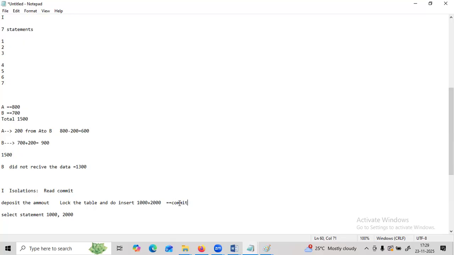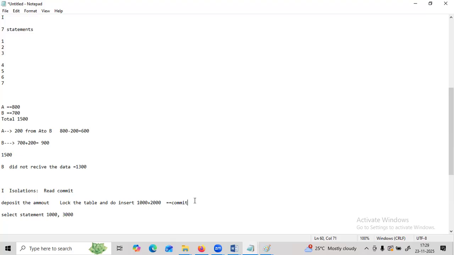So suppose it is showing 3,000, like 1,000 plus 2,000. That means the total will be 3,000. If you're not going to put in a lock, our data will show 3,000 in the mini statement.